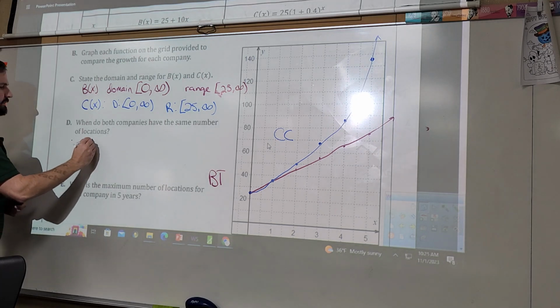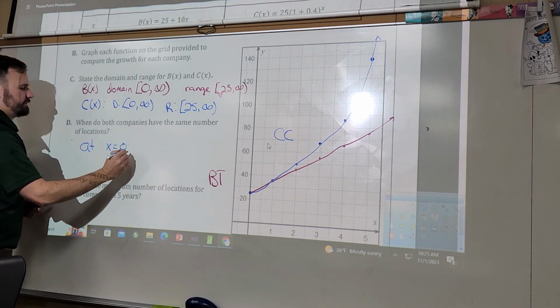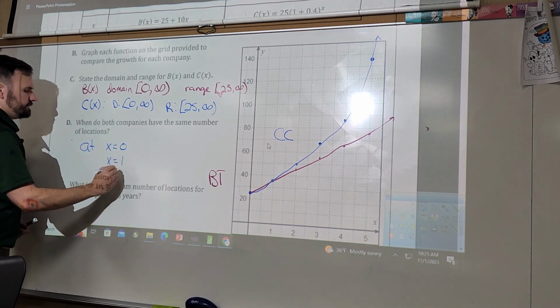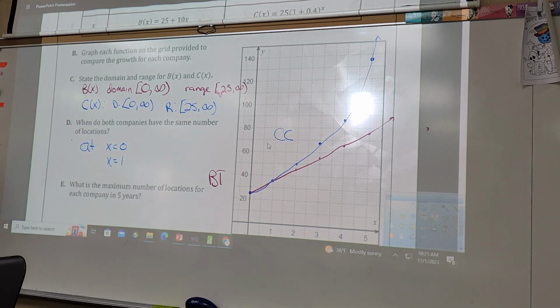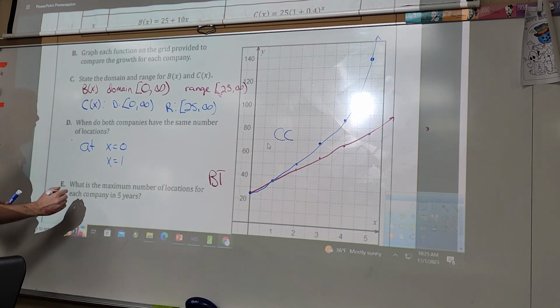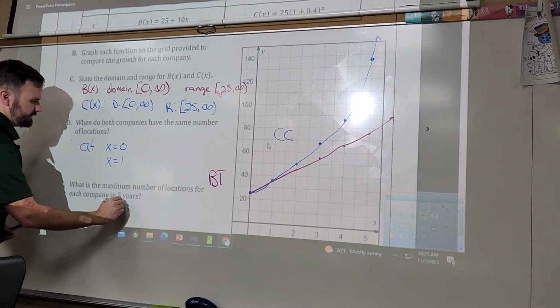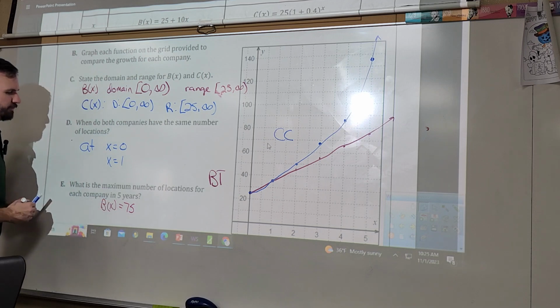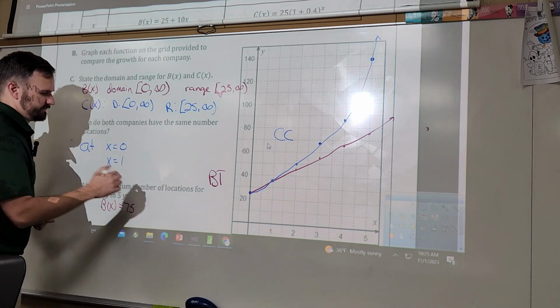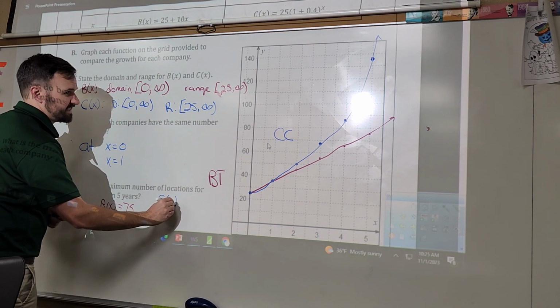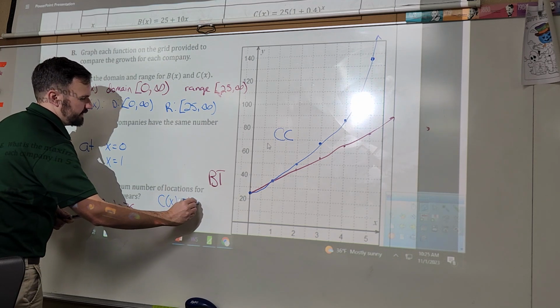Yeah. What's the max on this graph that my B of X will have? 75, right? What's my max that C of X will have? 134.